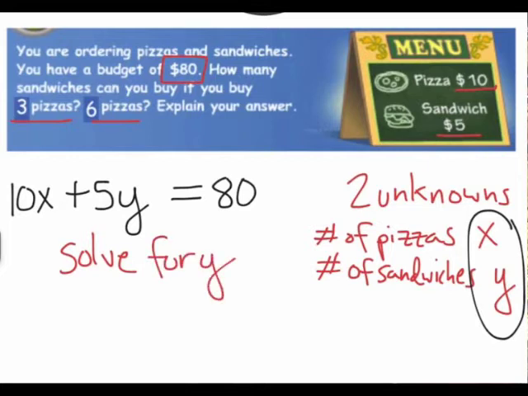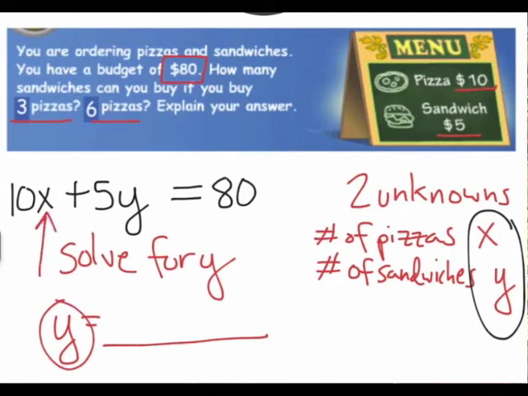Because if we write this equation so that it says y equals something, in other words, we've solved it for y, we have isolated y, then we can simply plug in any number for x that we want. Turns out we're going to plug in 3 and 6 here, and it will instantly tell us how many sandwiches we can buy if we bought x number of pizzas. All right, so let's try that strategy.